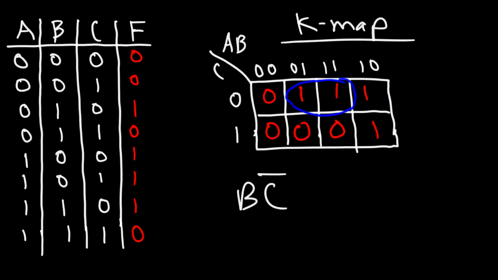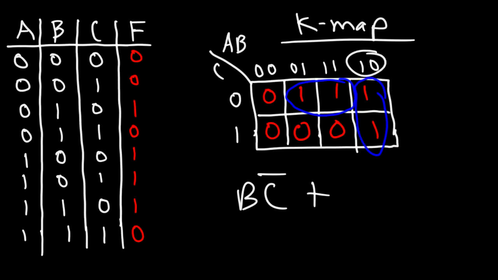Now let's move on to the next pair of 1s. So let's put an OR symbol represented by the plus sign. For the second pair of 1s, what variables do not change? Notice that C changes, so for this pair of 1s, it is independent of C. But notice that AB is the same.